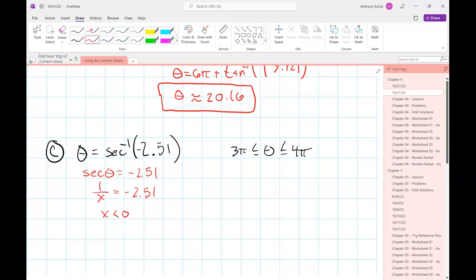So what quadrants does that happen in? Quadrants 2 and 3, right? Okay. Now, before we move on, I want to point out something. Do we have a secant inverse button on our calculator? No. So we're going to have to do something to this before we get to the end.